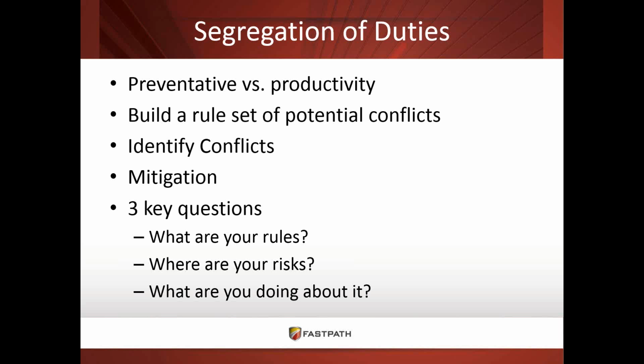Now, Armanino, their GRC team estimates that it takes about 250 to 260 hours to do each manual segregation of duties testing. And when you implement our tool, that gets narrowed down to a matter of days instead of weeks.